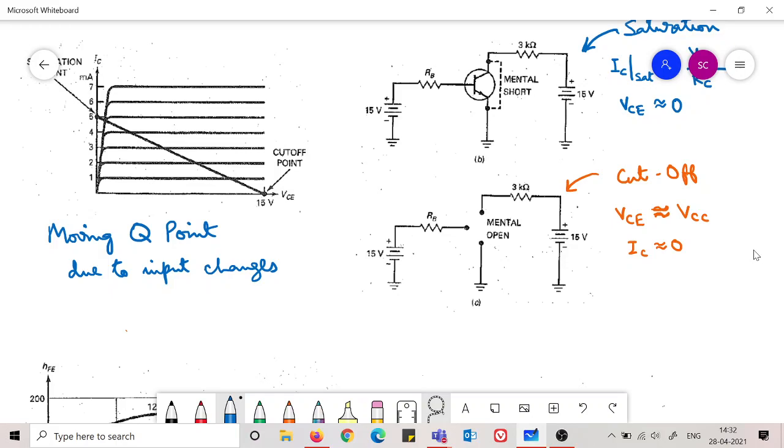So we cannot use the common emitter configuration reliably when we are trying to operate the transistor in the active region. What does this mean? This means that we are trying to set up the transistor as a current amplifier.